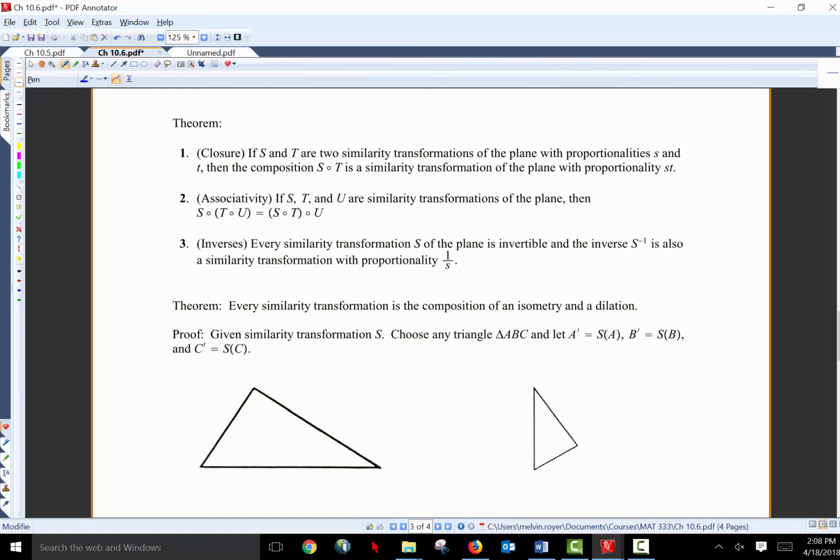What about for similarities? If I do 17 different similarities, what's the most complicated thing that I could end up with? Is it just one similarity, or might it be 2 or 3 similarities that I could boil it all down to? So let's tackle that question.